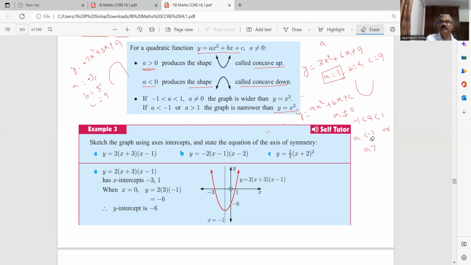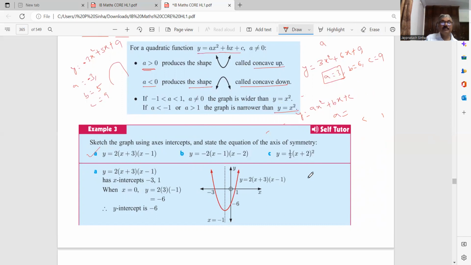And we'll check also. See here the graph, here what will be the shape of the graph if your function is of this form, first form.